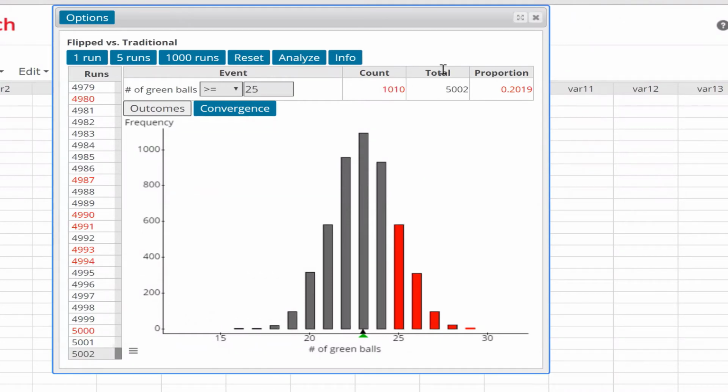And so it's very easy just due to random chance to get 25 or more passing in the flipped model. And that would mean we're not willing to say, oh, everybody switch to flipped classroom because it's an effective teaching method. Our results are not bearing that out. You could easily get those results due to random chance, because we did get them due to random chance, pulling the balls out of the urn.